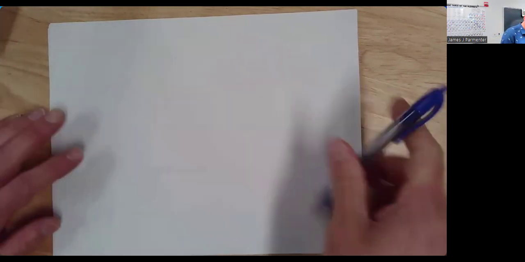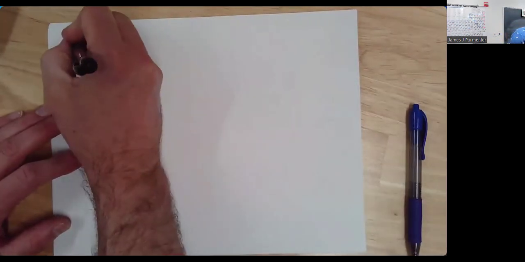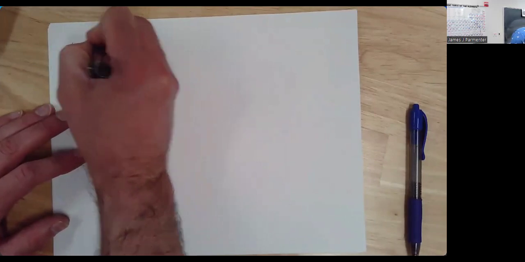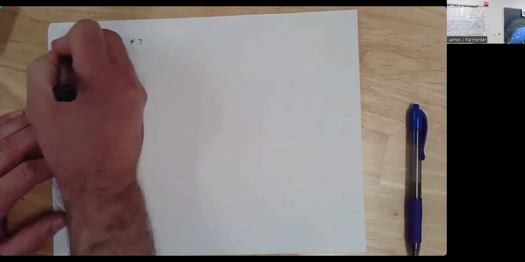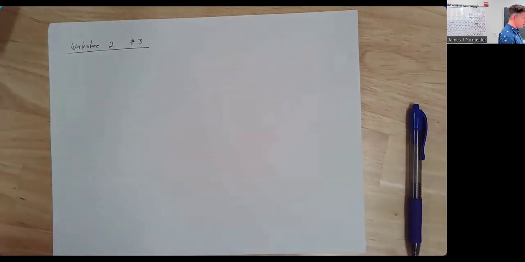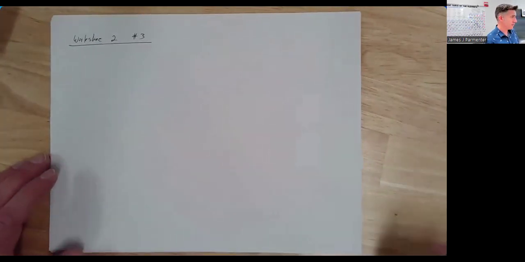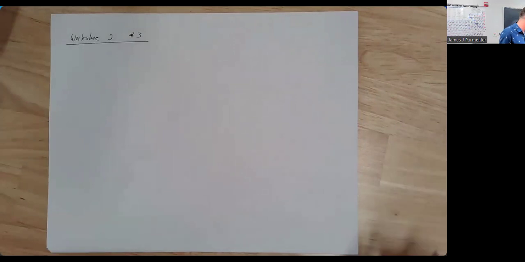This is the tank problem from worksheet 2, number 3. If there are other problems you would like me to address, I'm certainly happy to. I'm just picking and choosing things that I think are important to see.